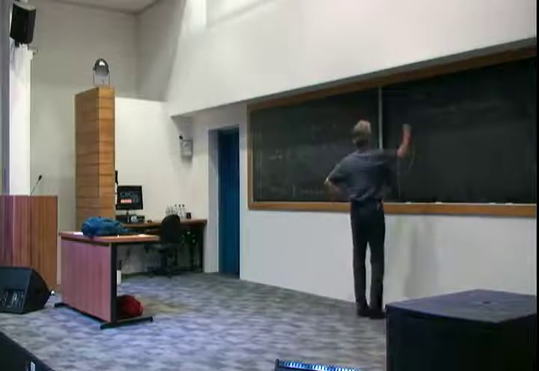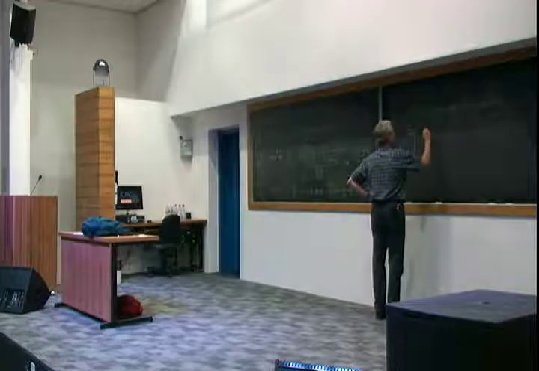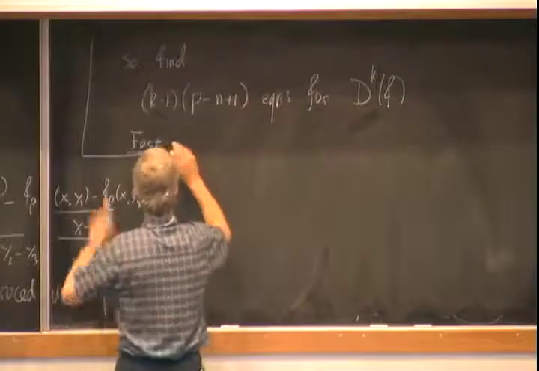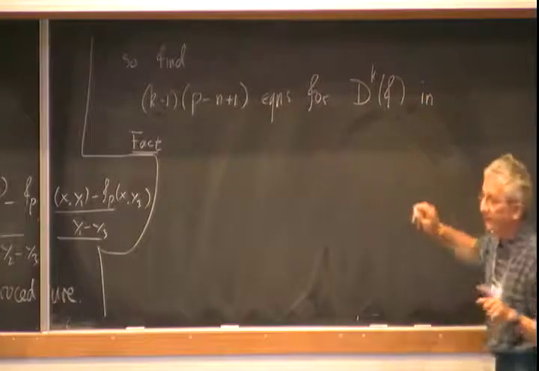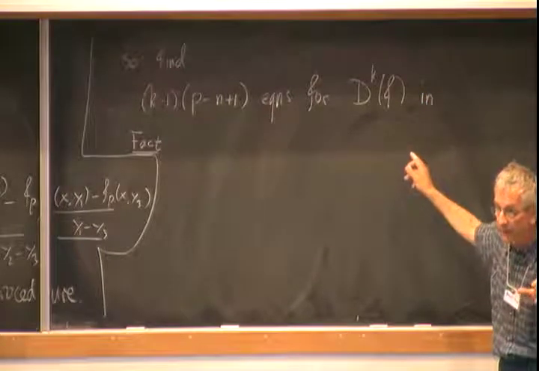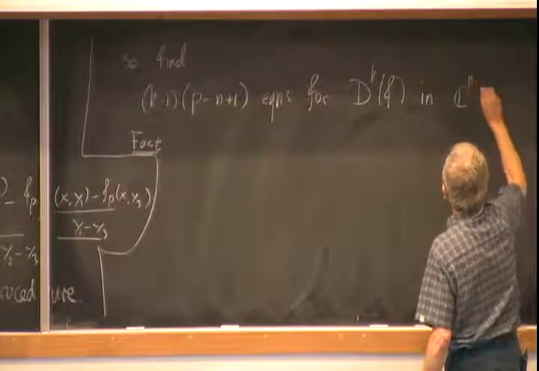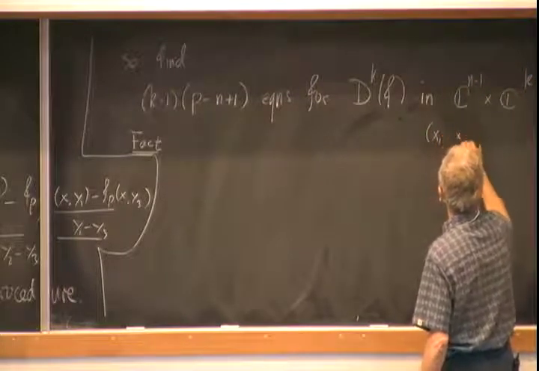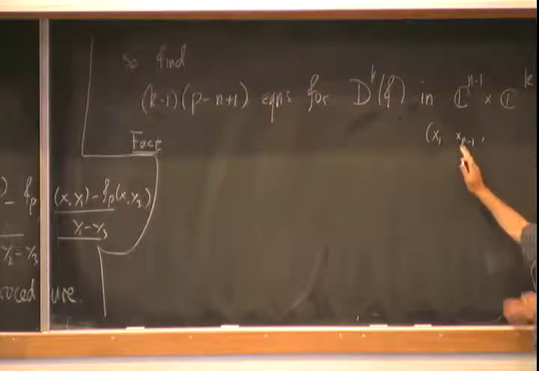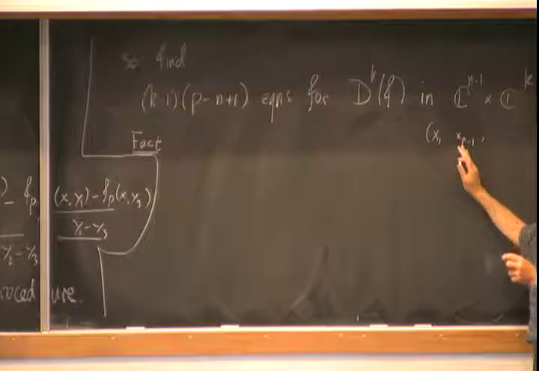Okay, now, an interesting fact is that the dimension, let me just make a point. We're defining dkf in a certain space. We're defining it in the following space, in Cn minus 1 cross Ck. This is the space of points x1 to xn minus 1, because all the x coordinates had to be the same. If we've got k points with the same image, their first n minus 1 coordinates were all the same, so there's no point repeating them.